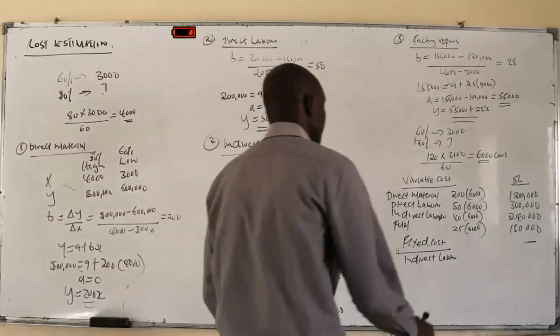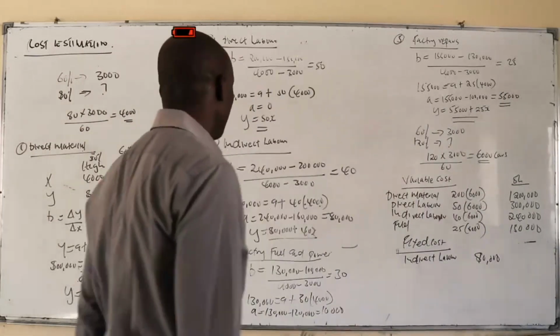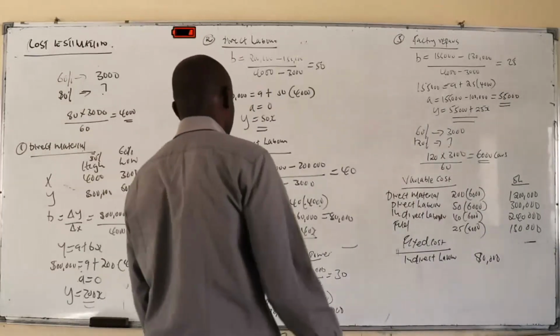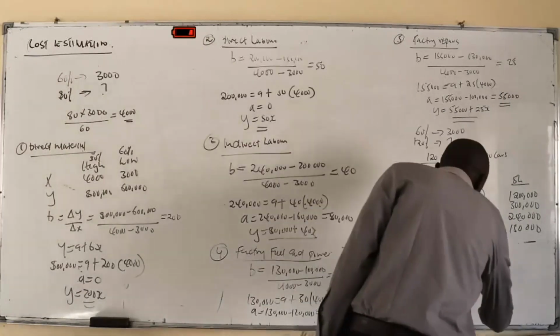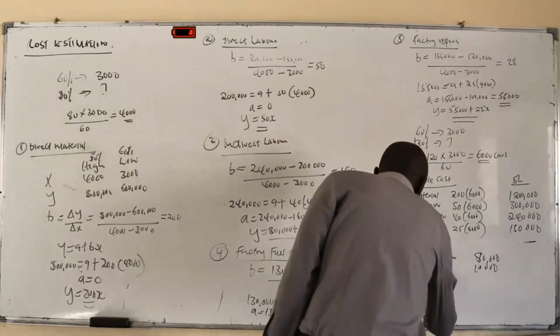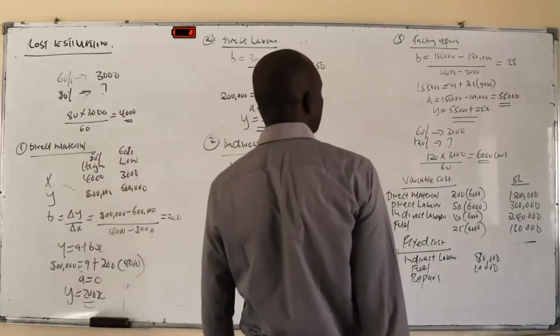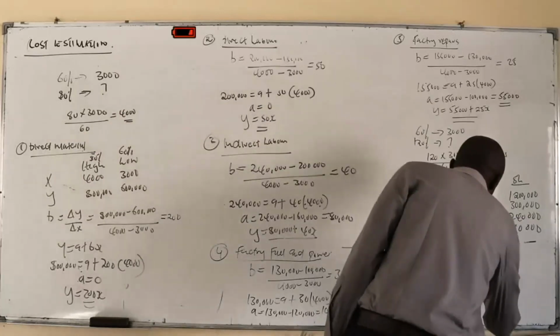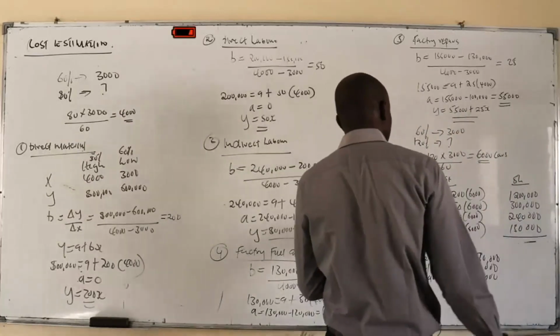So you write there 80. Factory fuel had how much? 10,000. Then we had repairs. Repairs, the fixed component was 55,000, isn't it? So you add this one, you get 145,000.